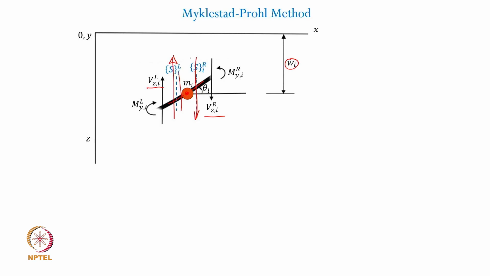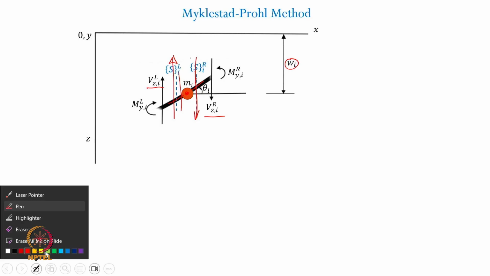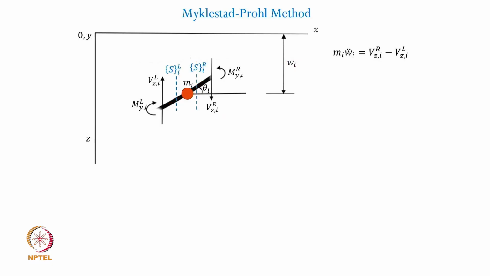So the relationship turns out to be this: mass times acceleration is the net force acting in the direction of acceleration. This is W and W double dot, that's how you write it, okay. And then we are trying to do this for evaluating the eigenvalues, right.